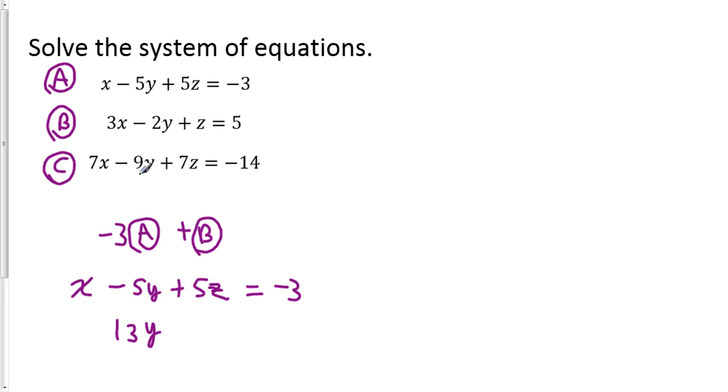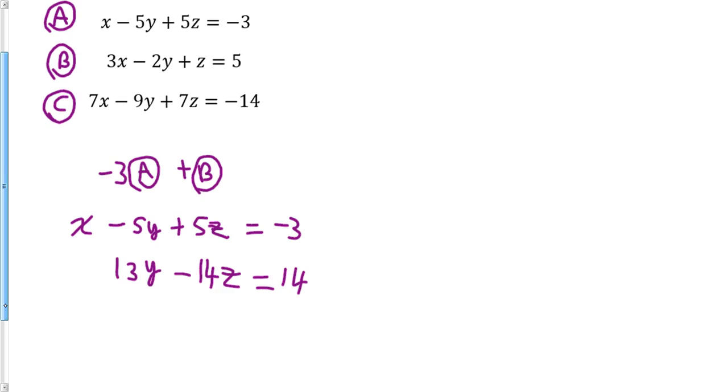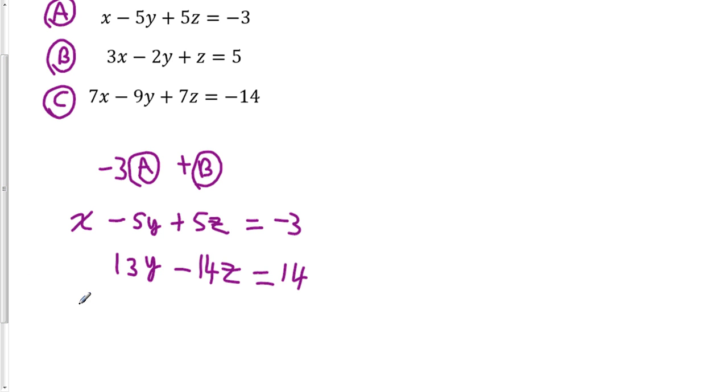When I multiply negative 3 times 5z, I get negative 15z, plus z would be negative 14z. And lastly, when I multiply negative 3 by negative 3, I get 9, and 9 plus 5 is 14. So that is the result of multiplying equation A by negative 3 and adding it to equation B. Equation C stays the same also, plus 7z is equal to negative 14.